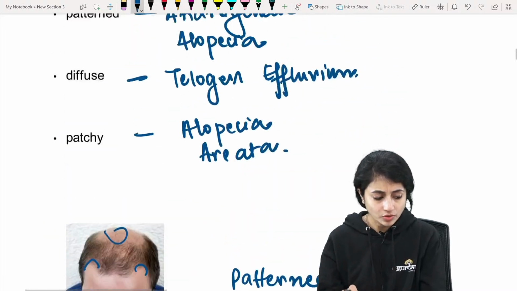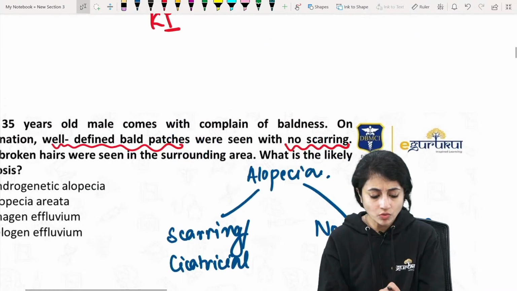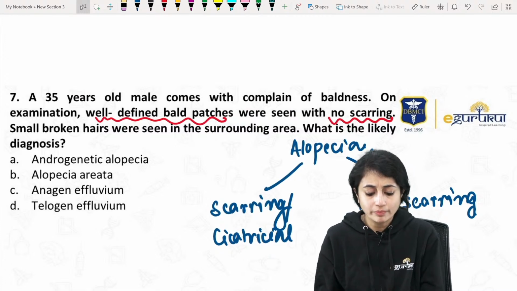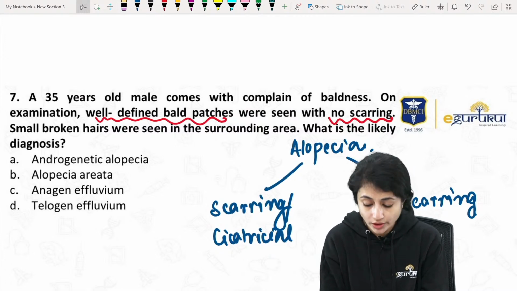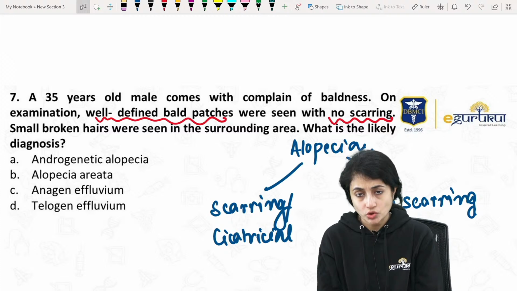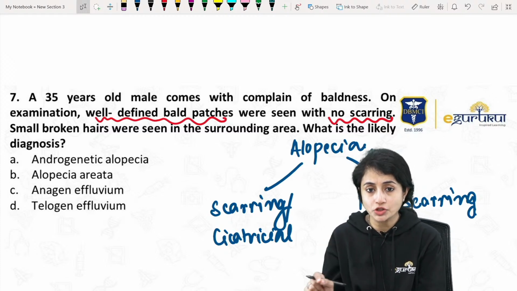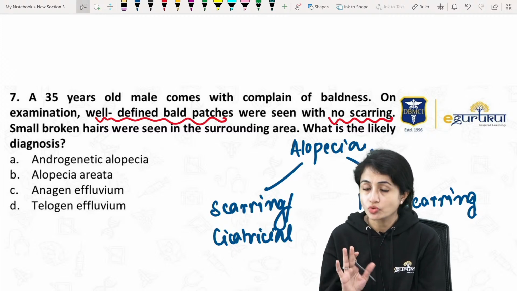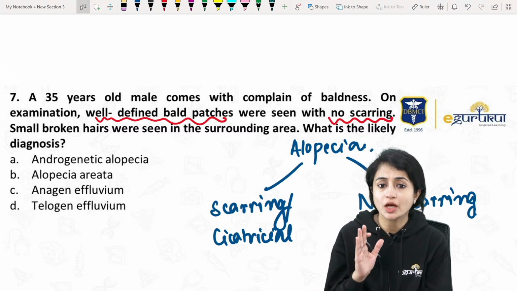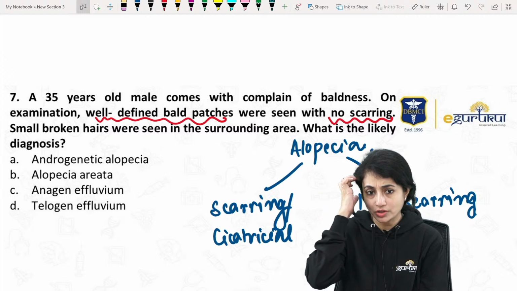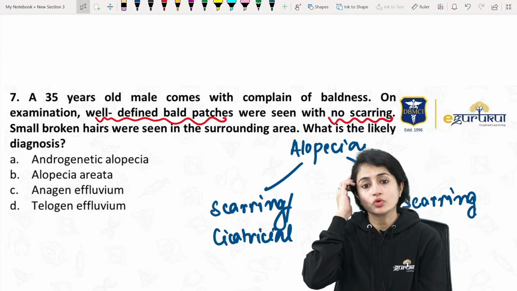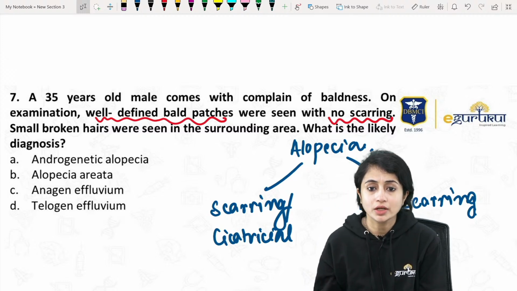Okay, so let's look at the options now. A 35-year-old male comes with complaint of baldness. So baldness is loss of hair. On examination, you have well-defined patches with no scarring. So you know you're dealing with non-cicatricial alopecia and you're dealing with well-defined patches. And you are seeing small broken off hairs in the surrounding area.